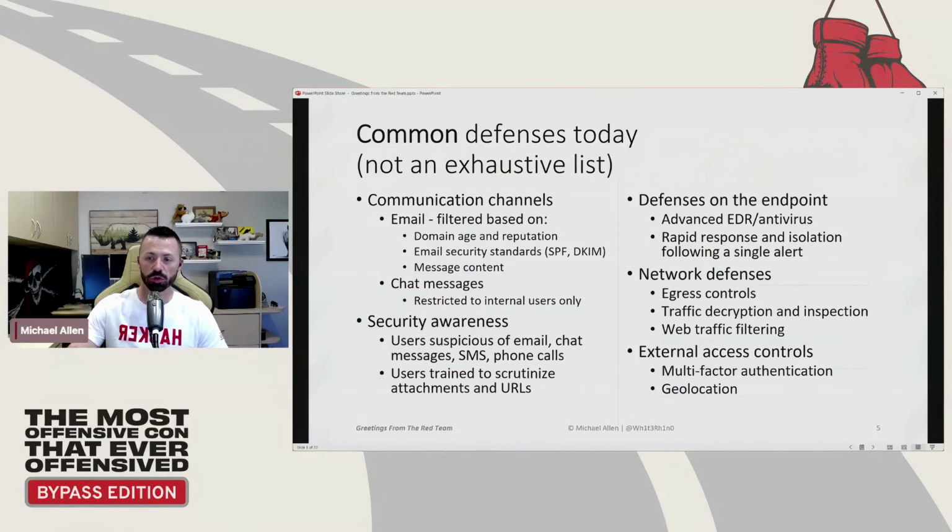When we go into a red team exercise, we need a plan for running into every one of these different types of defense, because it's not enough to just hope they won't have that one thing we don't have a plan for.